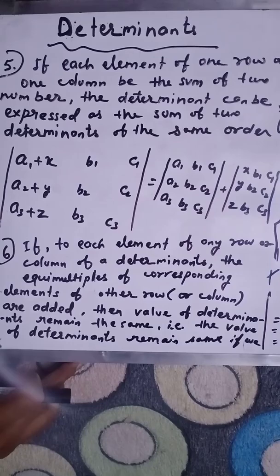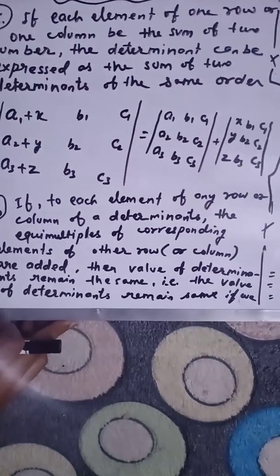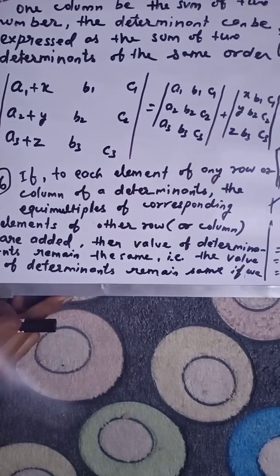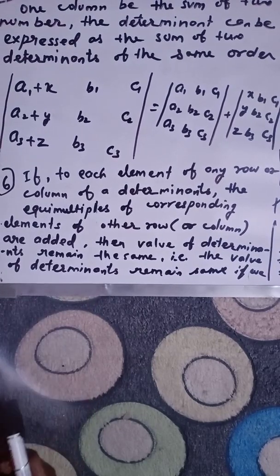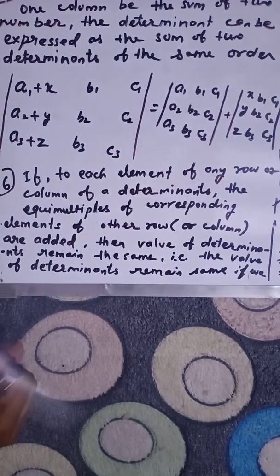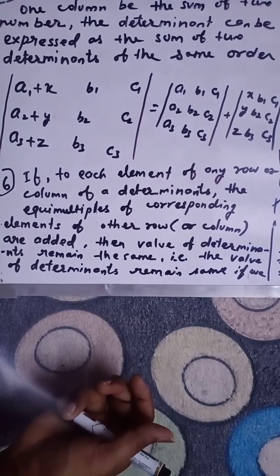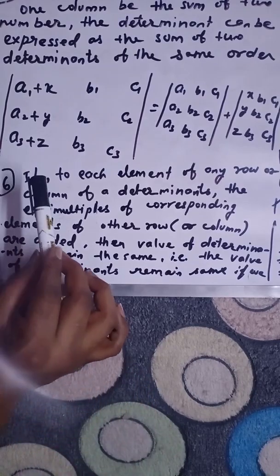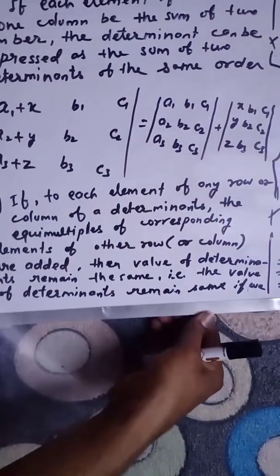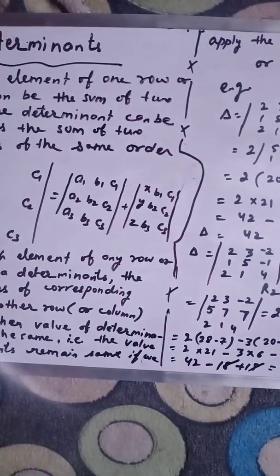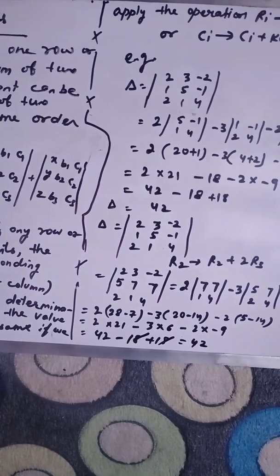Okay, now the next property is property number 6. So here it is. This is an important property. Okay. So first of all, we will understand this concept.